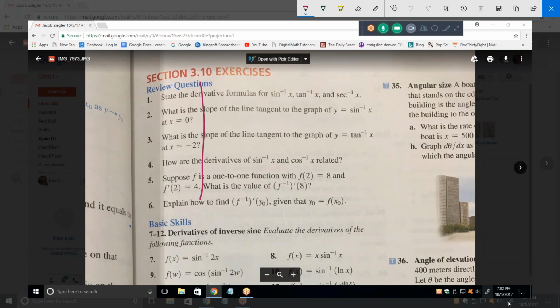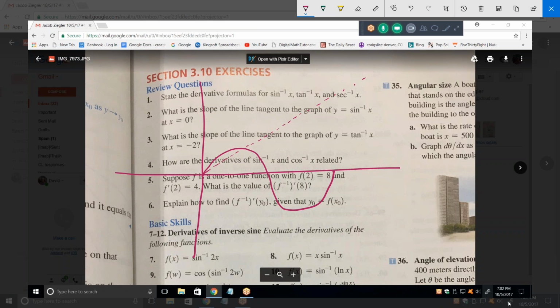If I have a sine curve, inverse functions are always, 100% of the time, the reflection over that line.